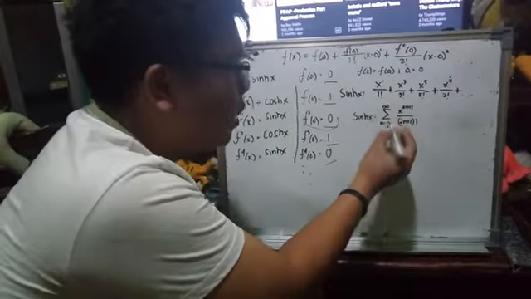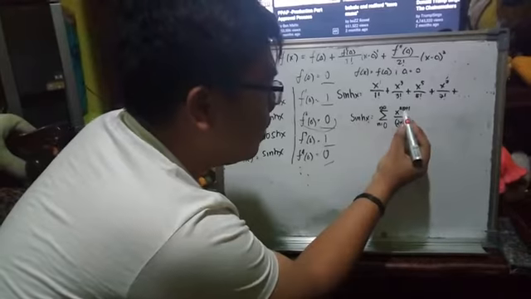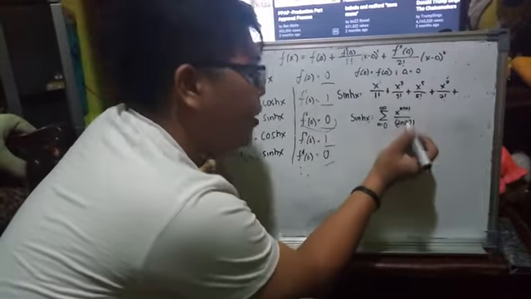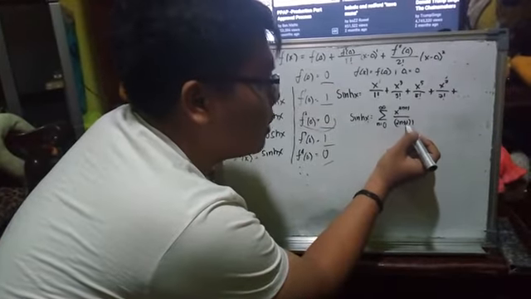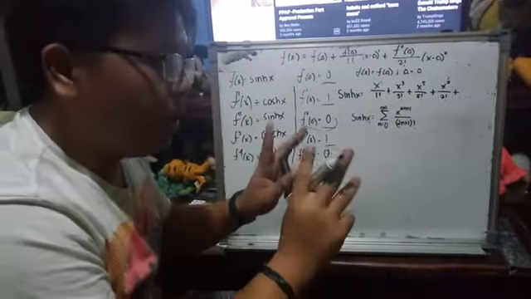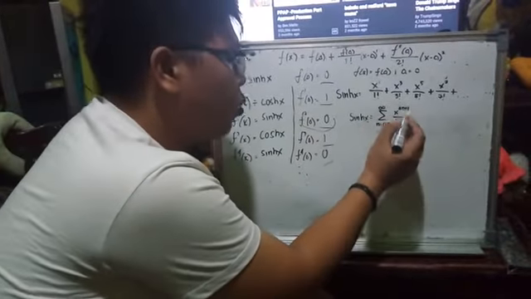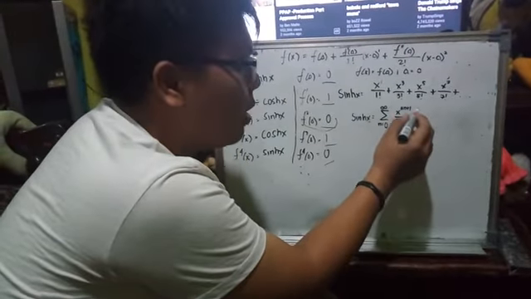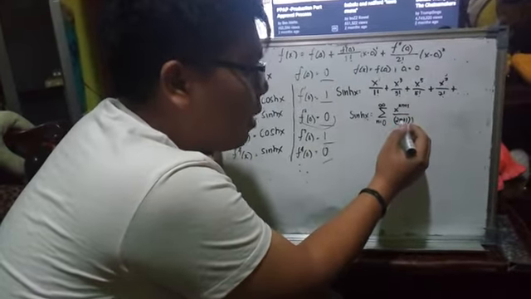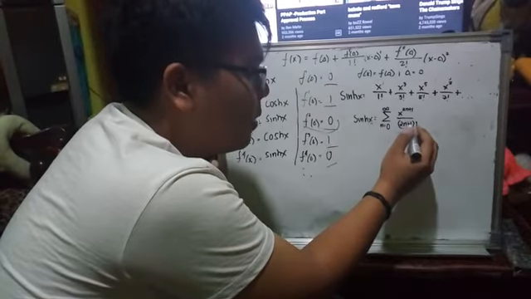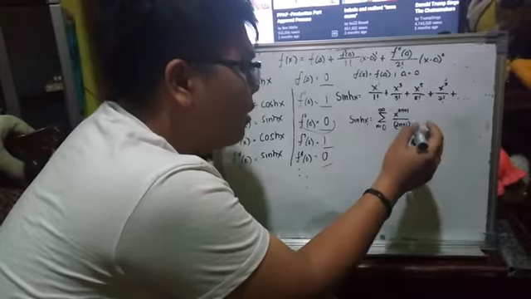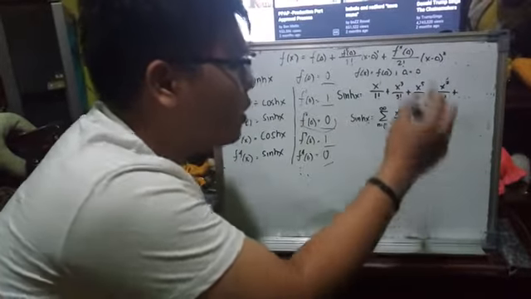If you start with 0, see, 2 times 0 plus 1 is 1, so x raised to 1 over 1 factorial. Then substitute 1: 2 times 1 plus 1 is 3, so x raised to 3 over 3 factorial, and so on and so on.